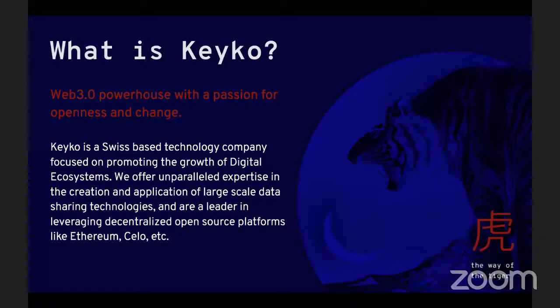So briefly, before I start diving into the content, what is Kiko, the company that I'm working for? Kiko is a technology company that builds products and offers professional services to stakeholders and individuals or collectives that want to launch or maintain digital ecosystems.